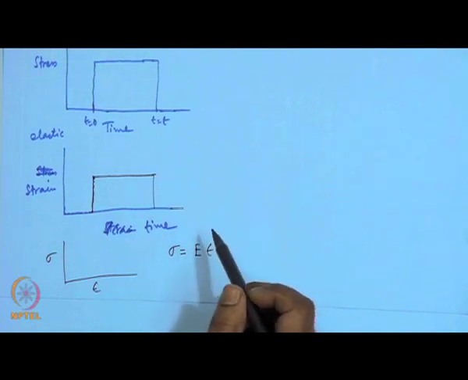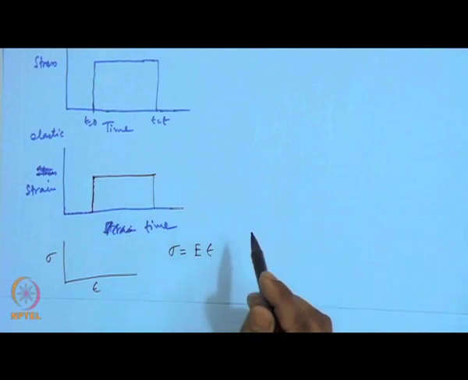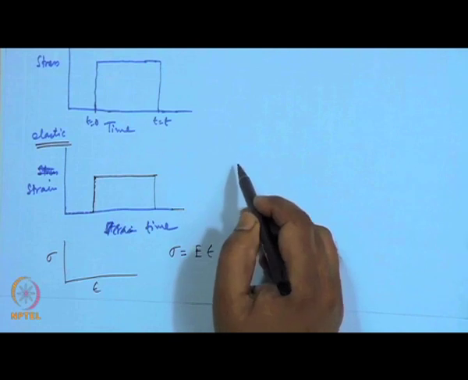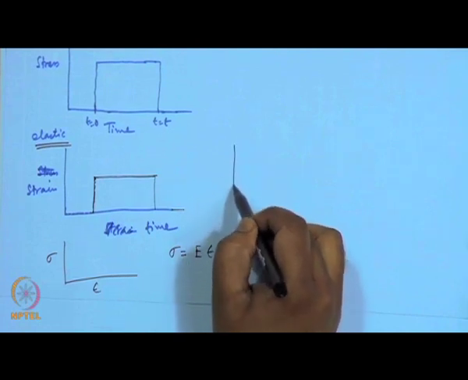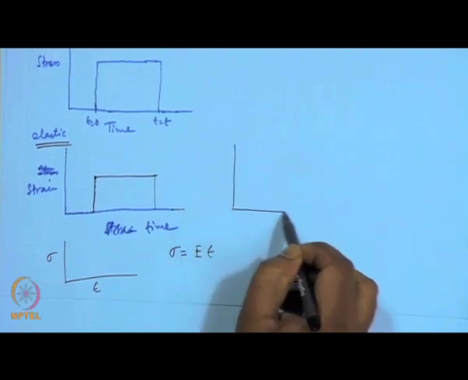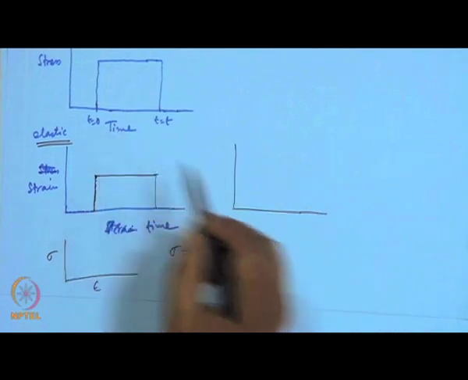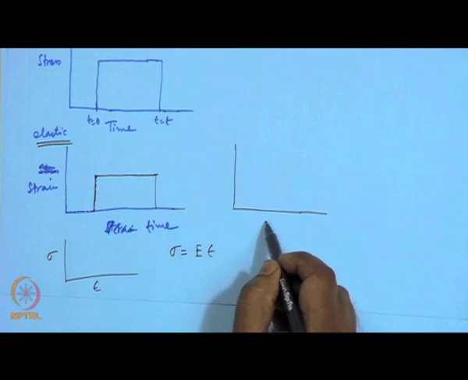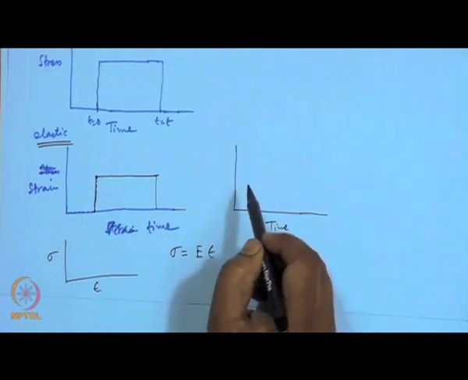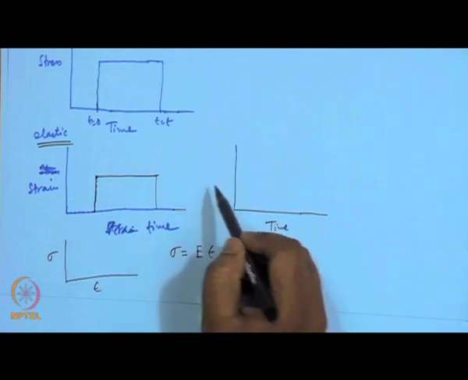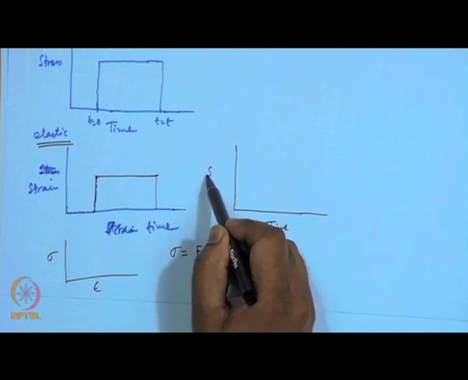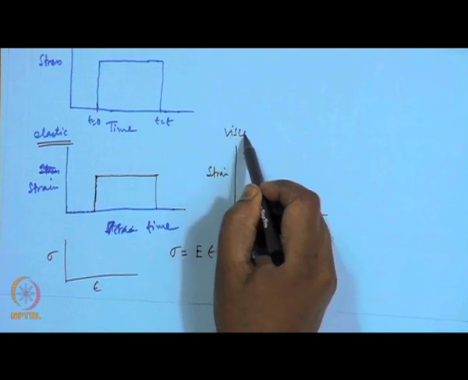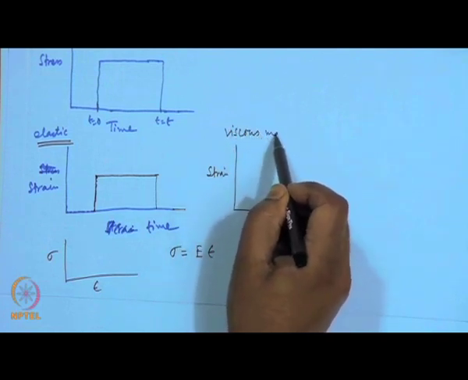So, this is a perfect elastic material. What happened to a perfect viscous material? How will the strain change with time? The same stress is applied, the same load is applied here. So, with time, how will the strain change for a viscous material?